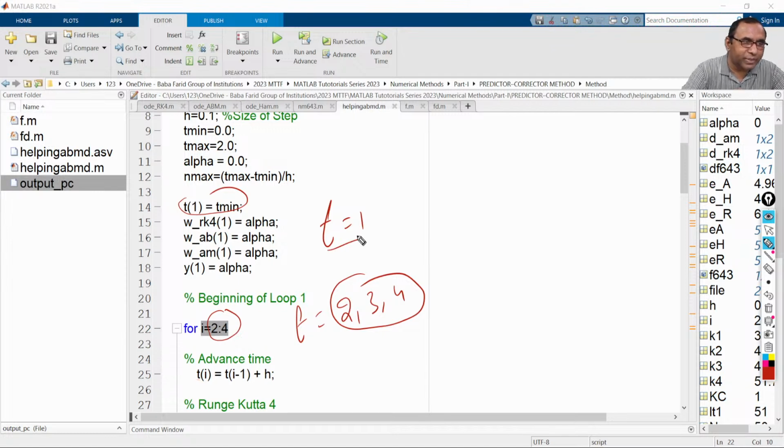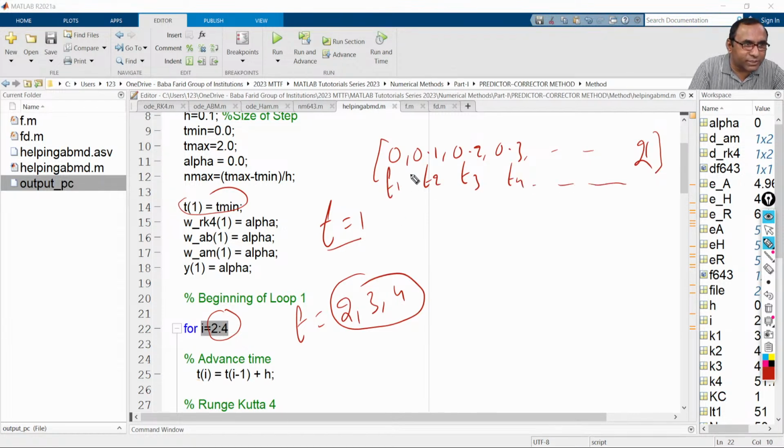This is the index of the time. Our interval is divided like 0, 0.1, 0.2, 0.3, and so on up to 1. Sorry, 2. So here this is T1, this is T2, this is T3, this is T4, and so on. So this is just the indexing over the interval after partition of the interval.